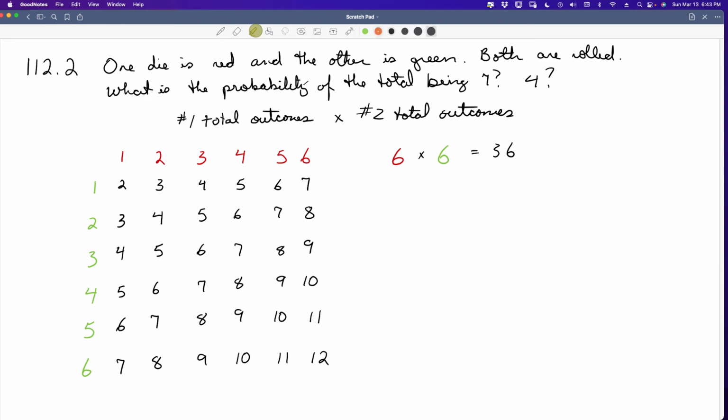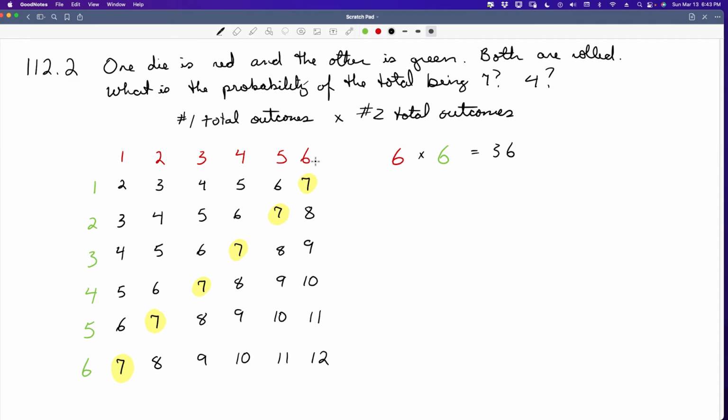So I'm going to use this highlighter here. If the total is 7, we're going to highlight that first. So 1, 2, 3, 4, 5. There are 6 possible outcomes where the dice could equal 7.